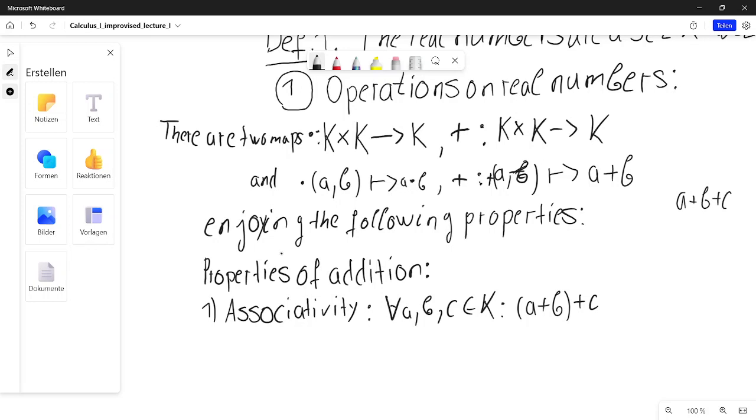This operation acts on two elements, but what is acting on what?